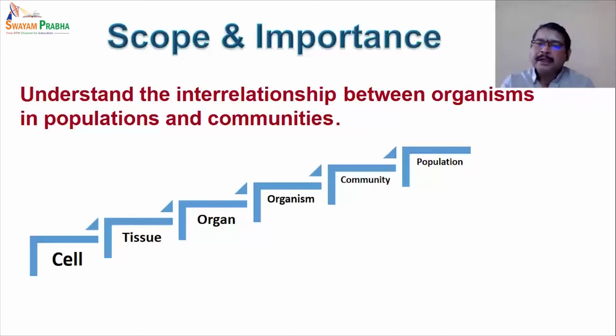Thus, you could find a repetition of the activity which we call a food chain, and there happens cycling of nutrients. Thus, the interrelationship between organisms in populations and communities is maintained with a delicate balance, which we call ecological balance.